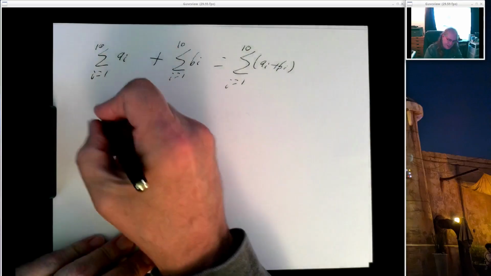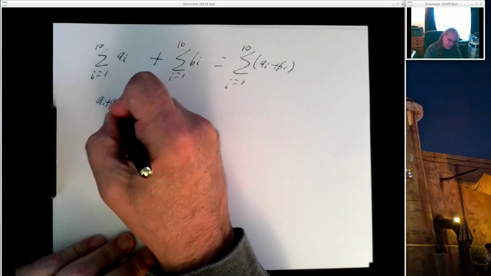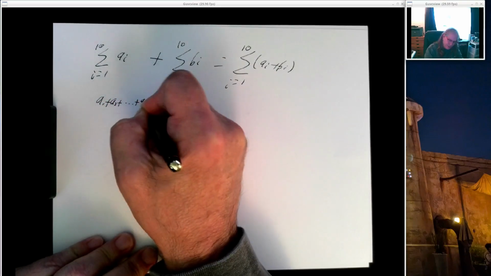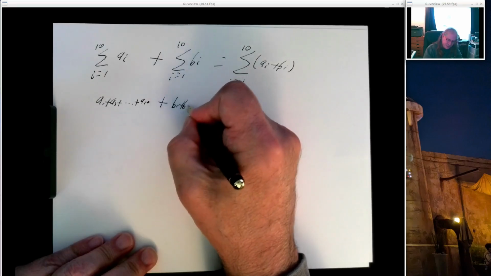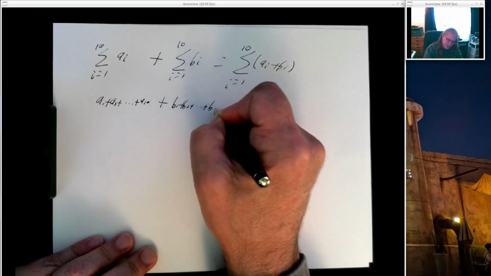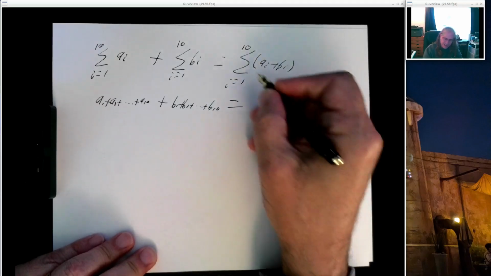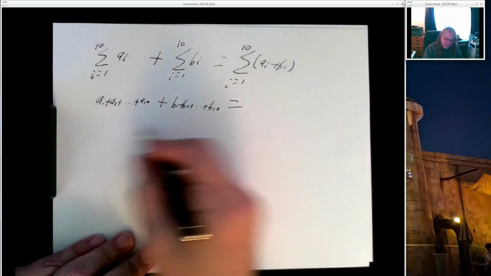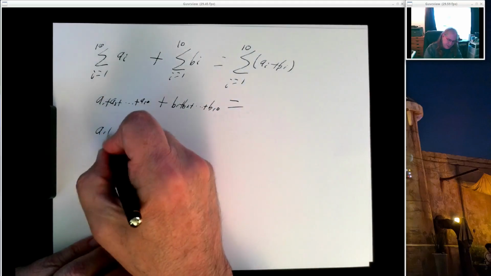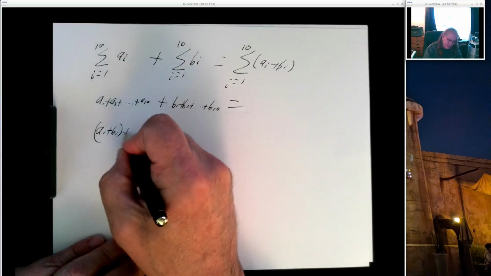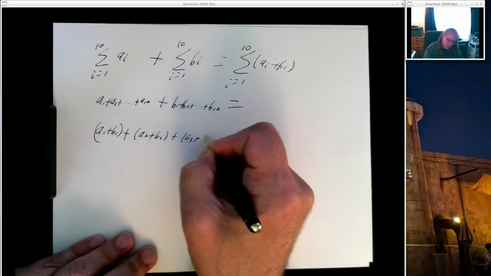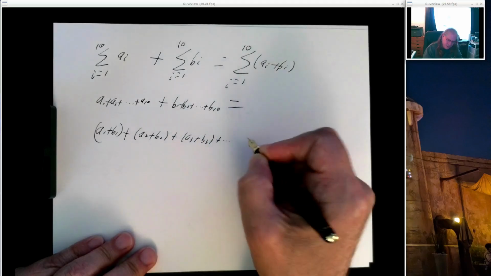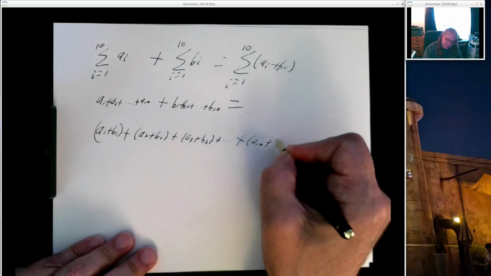And why is that? Well, this thing on the left is a1 plus a2 all the way up to a10. This thing on the right is b1 plus b2 all the way up to b10. And I can rearrange these and write this as a1 plus b1 plus a2 plus b2 plus a3 plus b3 plus all the way up to a10 plus b10.